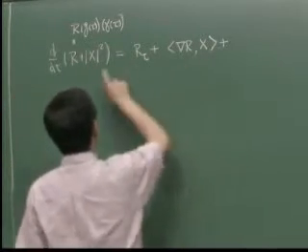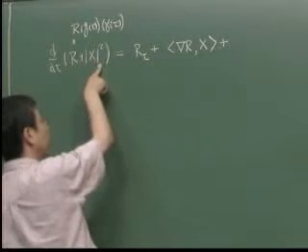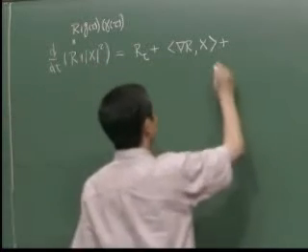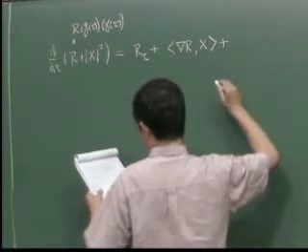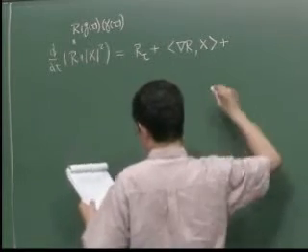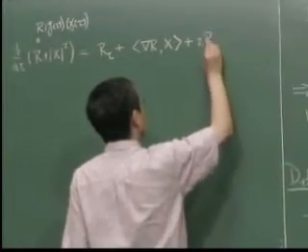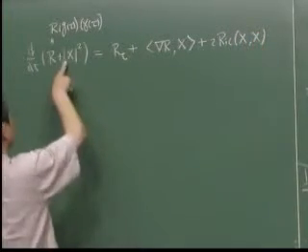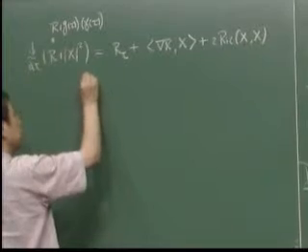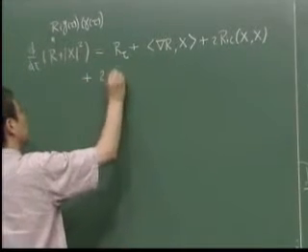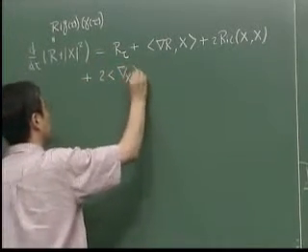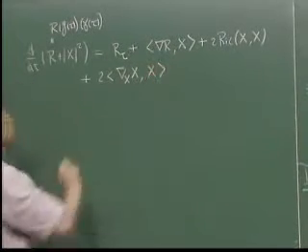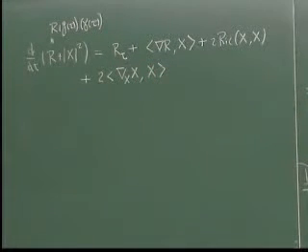Of course, the metric which I use to take the norm also depends on tau, so I get a Ricci curvature and use the equation. This just gives you twice Ricci of x, x. Then I just pretend the metric to be fixed and I get twice the derivative of x, x and x. I'm pretending x is fixed.